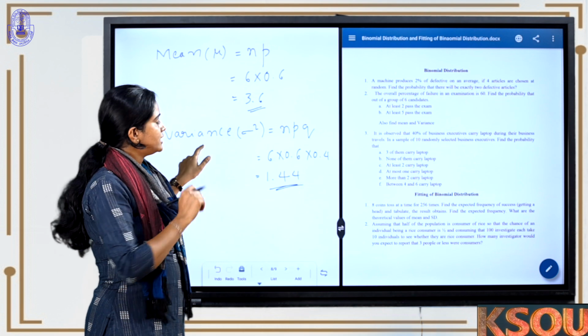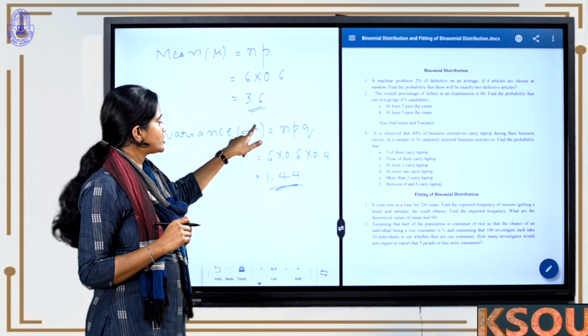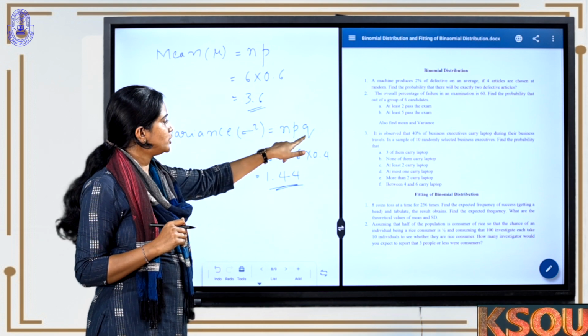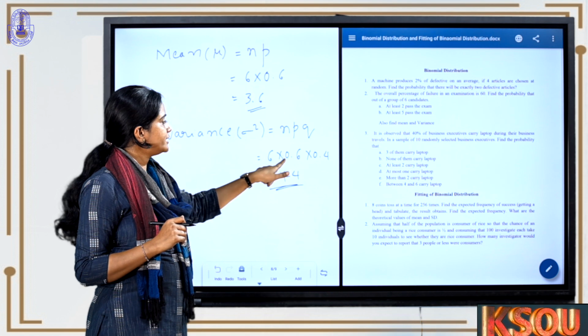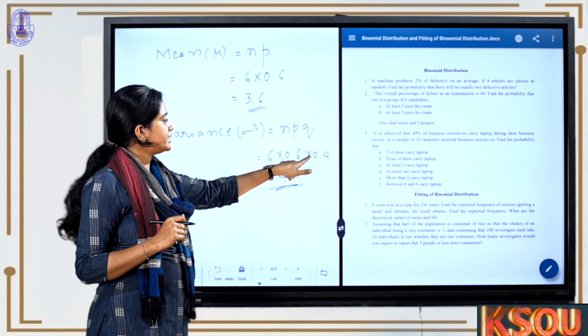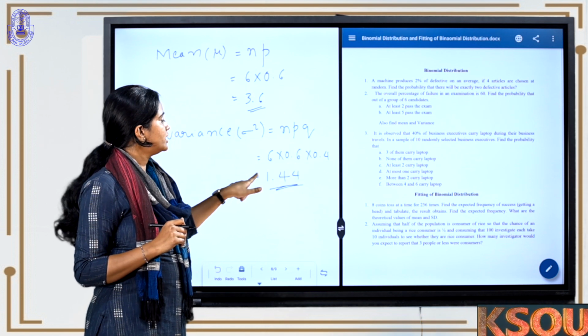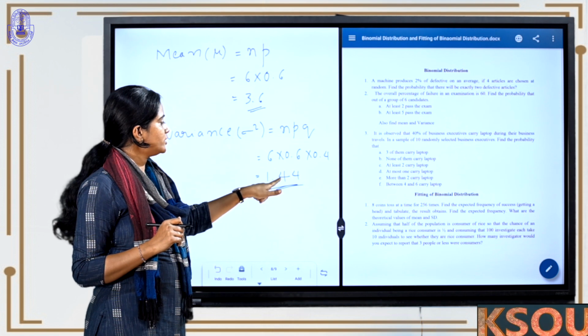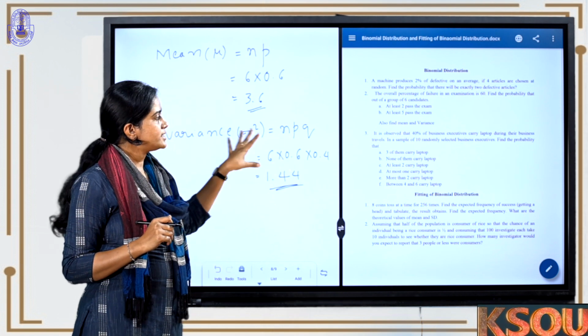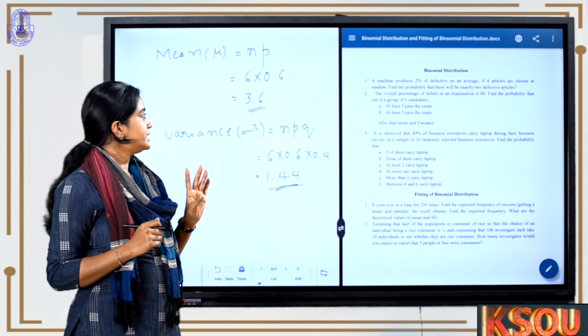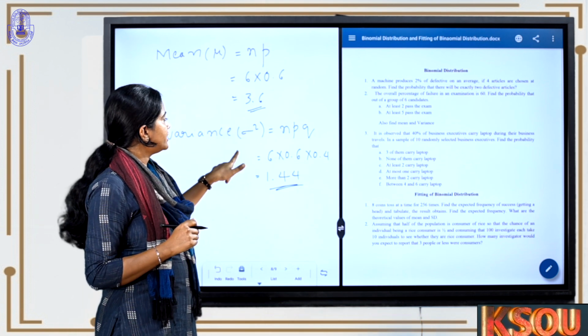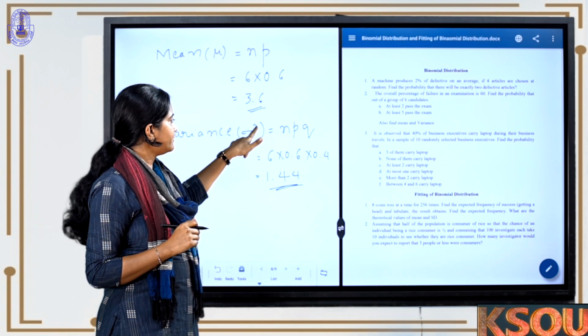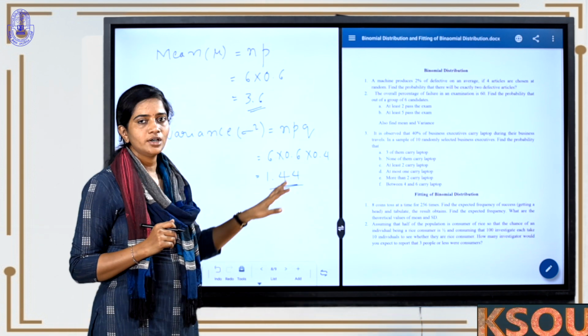Then you will have to calculate the variance as well, that is sigma square equal to n into p into q. So n is 6 into p is 0.6 into q is 0.4. So the answer will be 1.44. So from this question, the value of mean is 3.6 and the value of variance, that is standard deviation square, is 1.44.